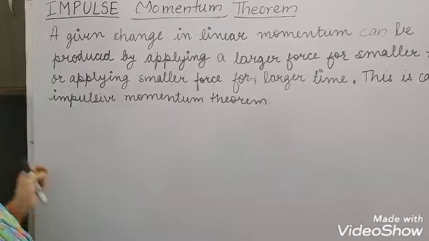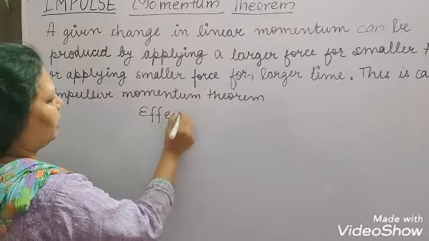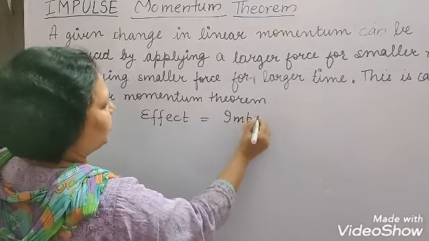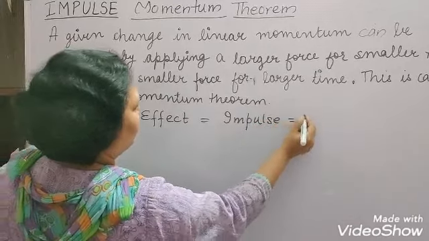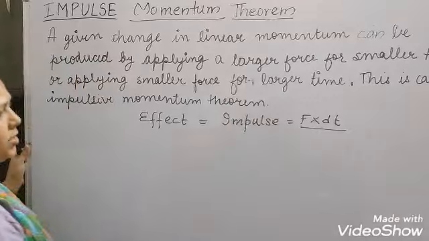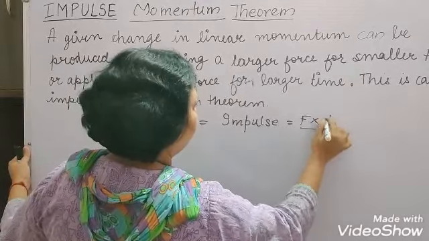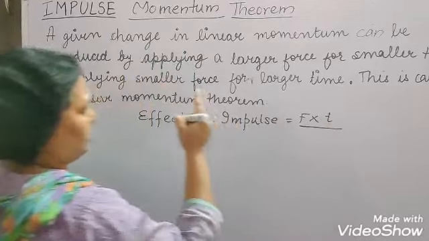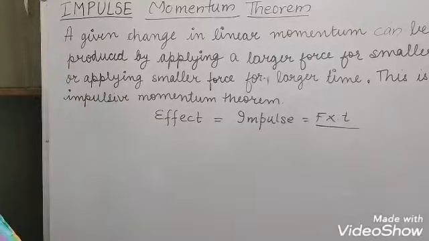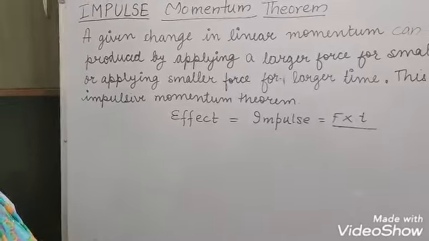For example, if we have to produce the same effect, the impulse should be the same, so that can be produced by force multiplied by a short time, a larger force, or a smaller force for a long time.